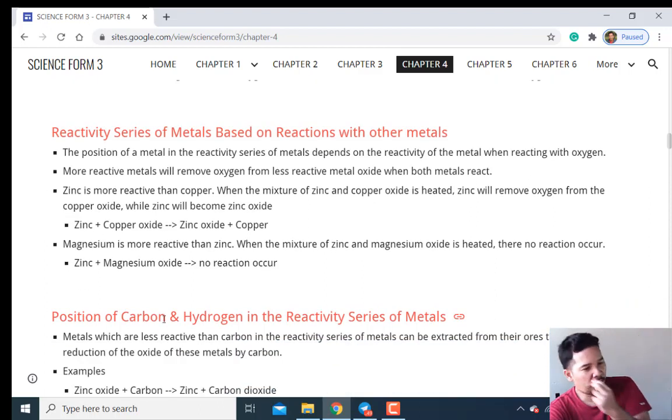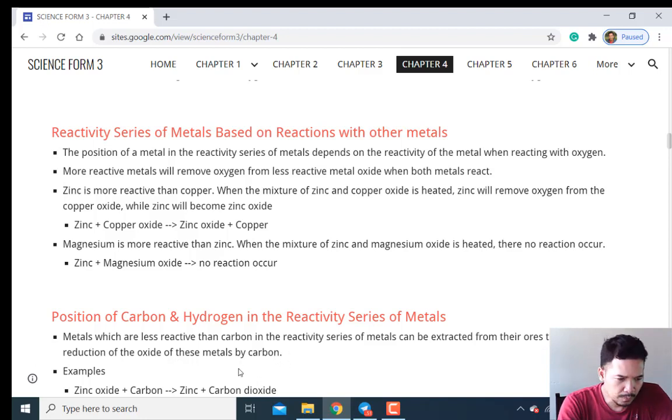So the position of carbon and hydrogen in the reactivity series of metals. Carbon and hydrogen are non-metals. Metals which are less reactive than carbon in the reactivity series can be extracted from their ores through the reduction of the oxide of this metal by carbon.